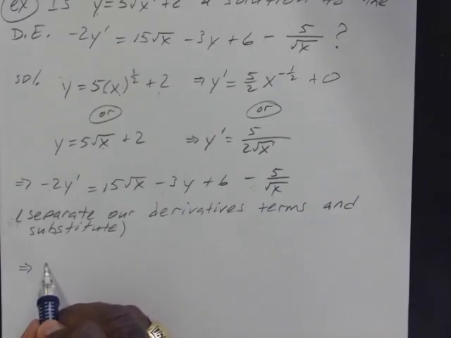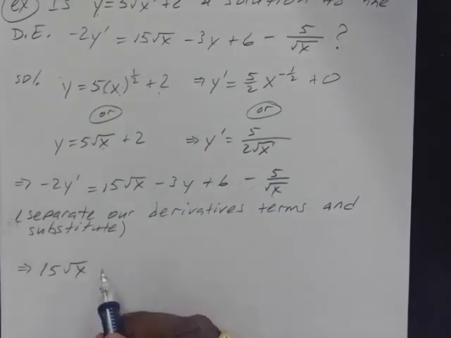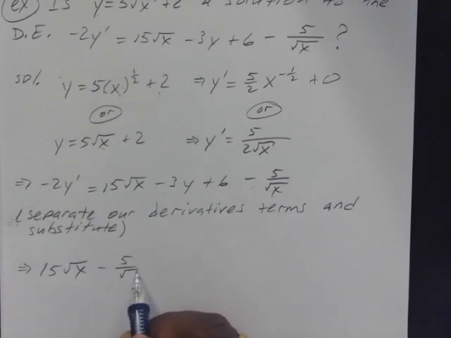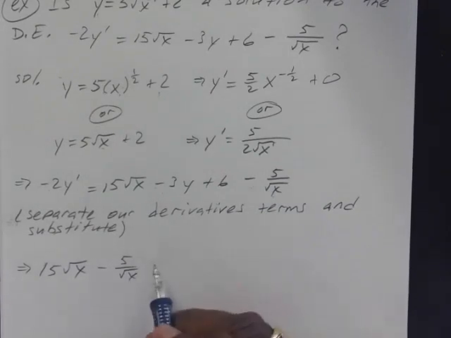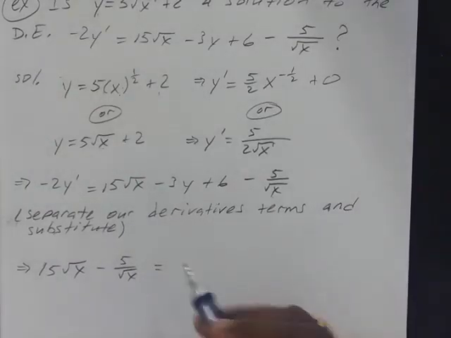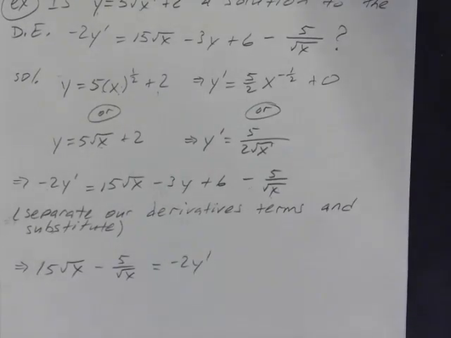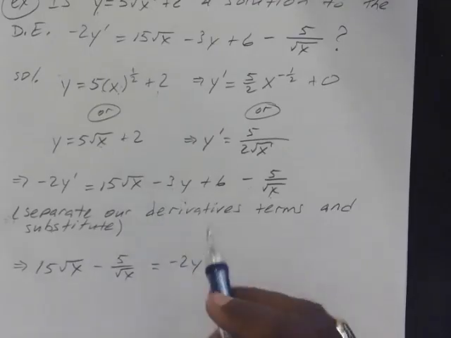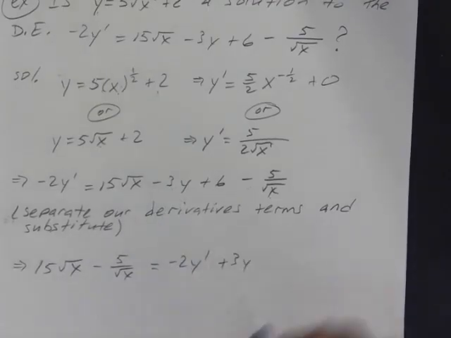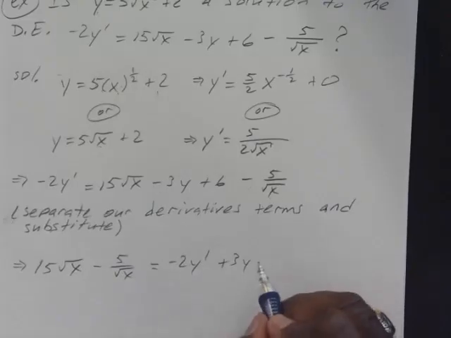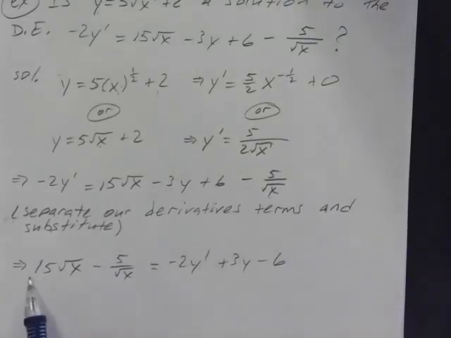So we can have 15 square root of x minus 5 over square root of x is equal to negative 2y prime, and add 3y to both sides, plus 3y plus 6, or minus 6. So all we did was separate our x terms and y and derivative terms.